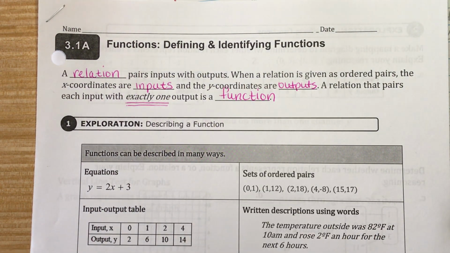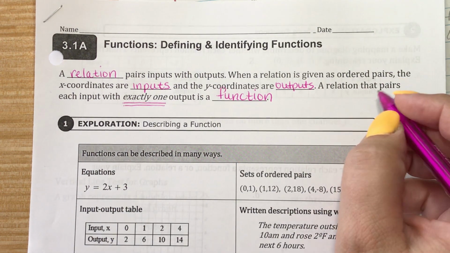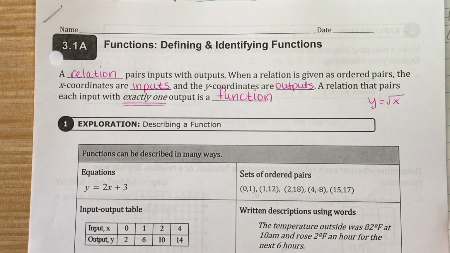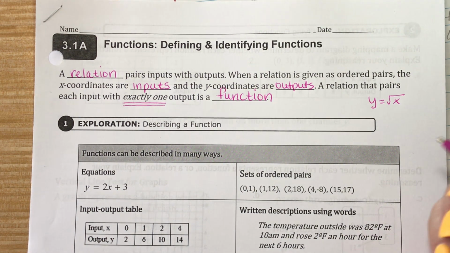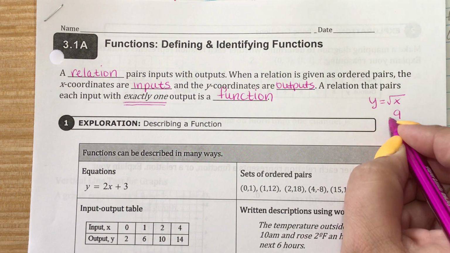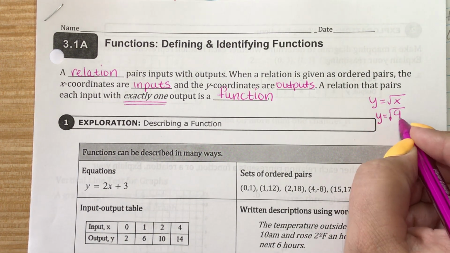The quickest example I can give you of something that is a relation but not a function that you might be comfortable with is square roots. So if I plug in 9 here, and I ask myself, what would be my output? This is going to pair my input with an output.